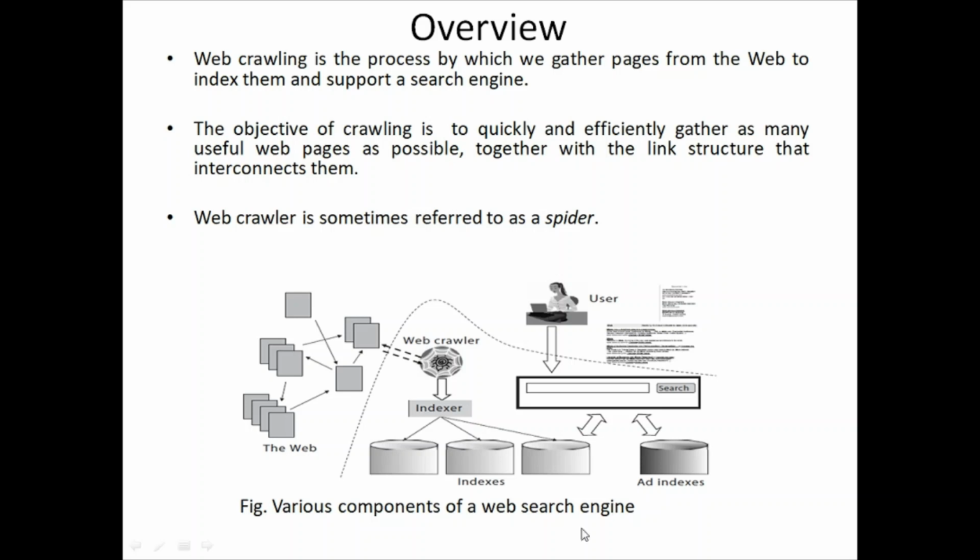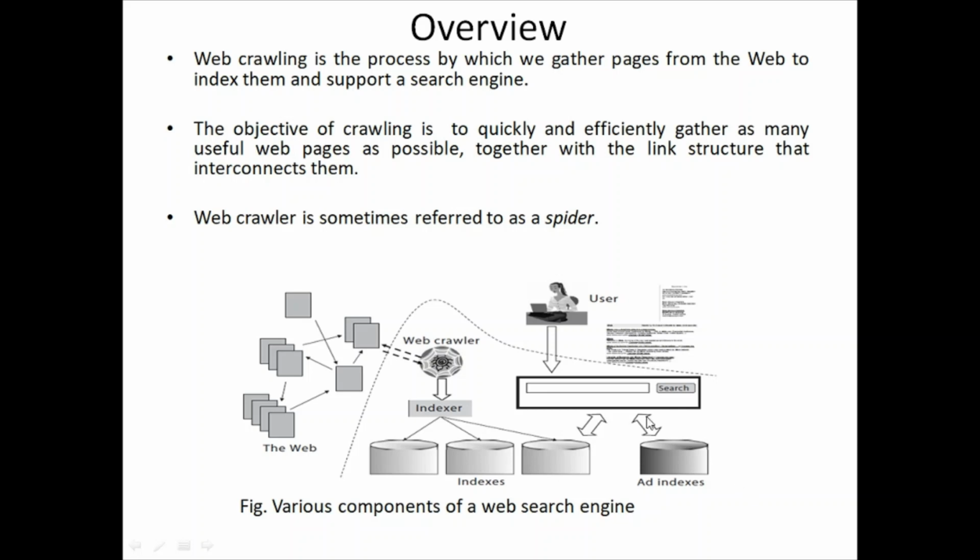Now this web crawler is sometimes referred to as a spider, and you can see a figure here. In this figure, the various components of a web search engine are shown. It is a composite picture of the web search engine, including the crawler as well as both the web page and the advertisement indexes.